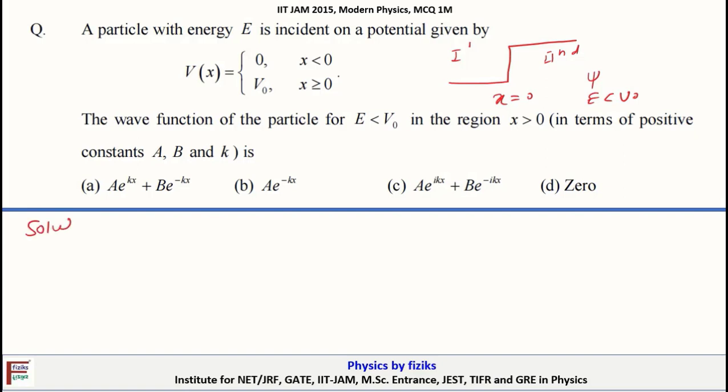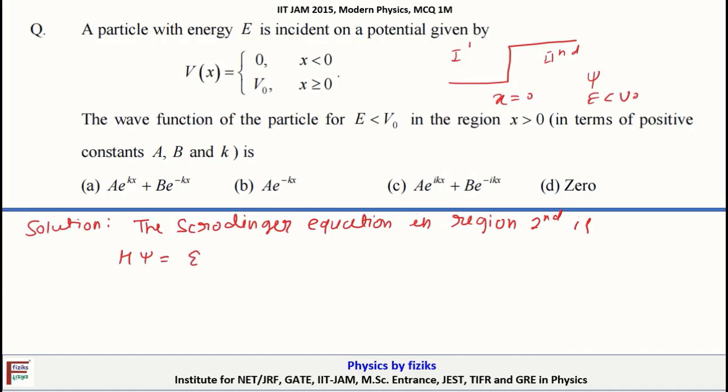Solution. In region second, Hψ = Eψ, which implies minus h cross square by 2m d square ψ by dx square plus Vψ equals Eψ.